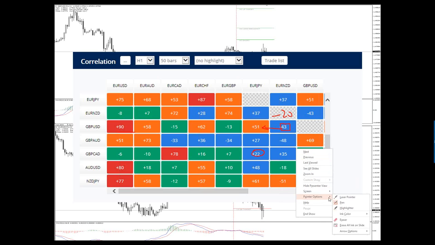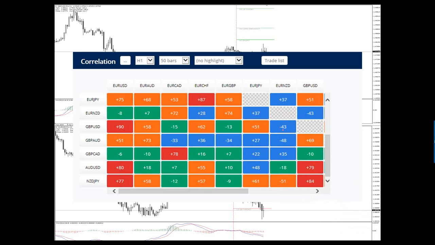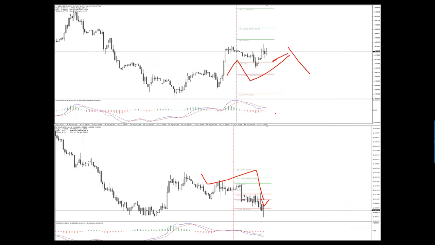So this number is negative, and it means that GBP dollar and Euro New Zealand would definitely move in the opposite direction. It can go, as this candle showed, a little bit in the same direction, but then it will turn opposite, because the correlation is at the verge of being strongly negative, okay, the opposite direction.